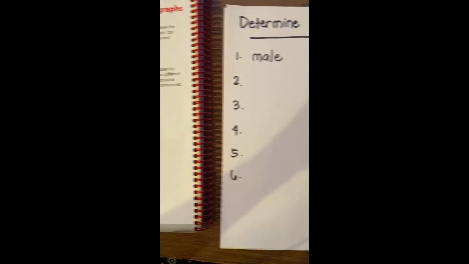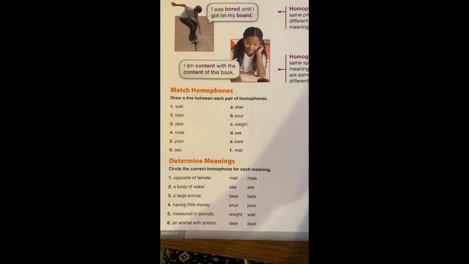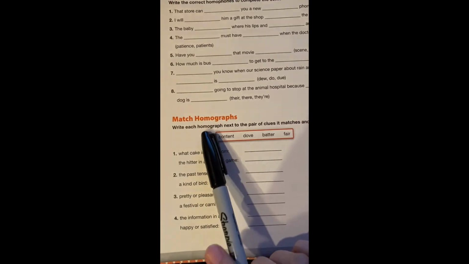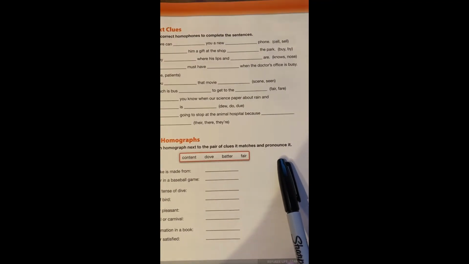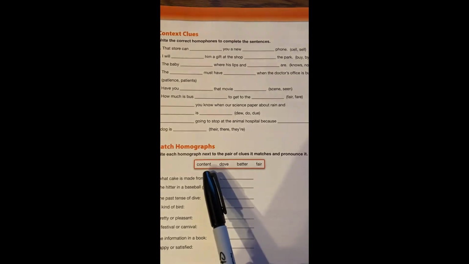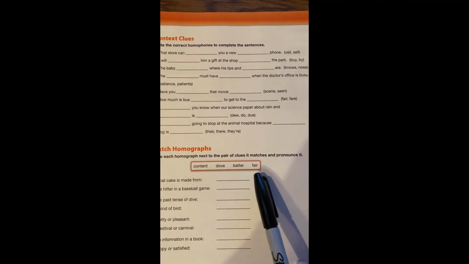Make sure you double check your answers. Our next activity is to match homographs. Write each homograph next to the pair of clues it matches and pronounce it. The choices for your answer would be content, dove, batter, fair.